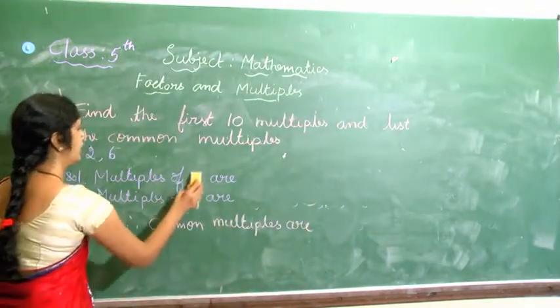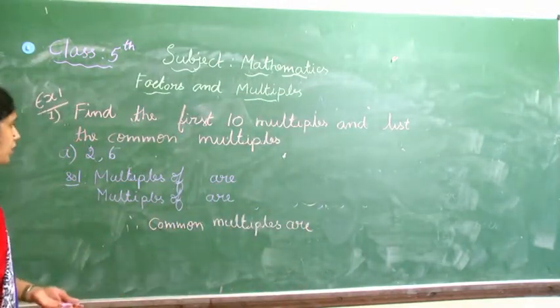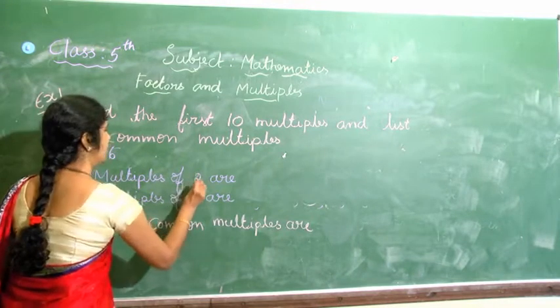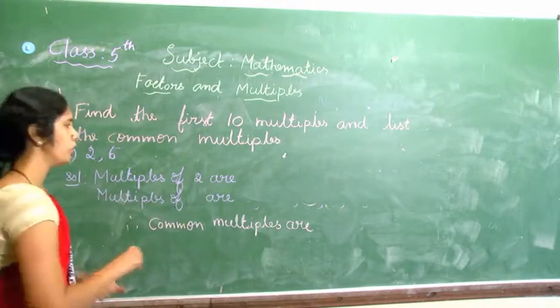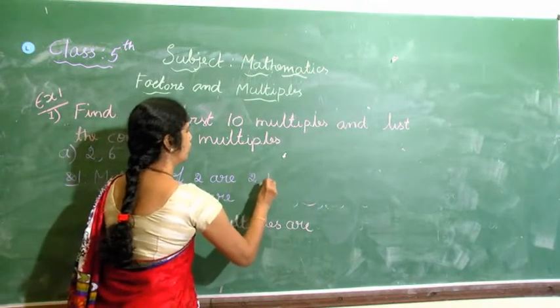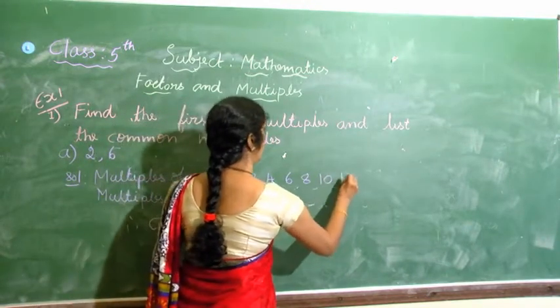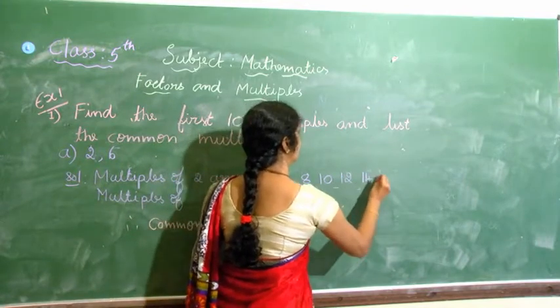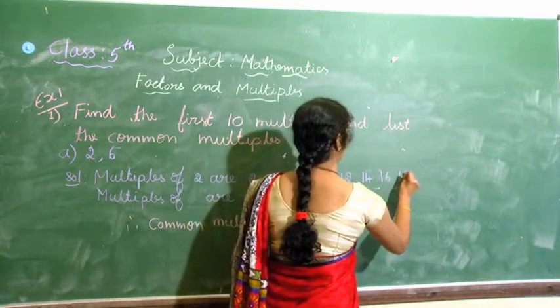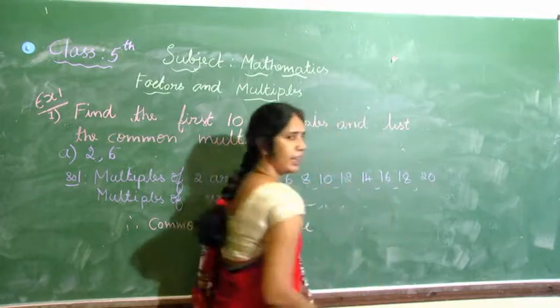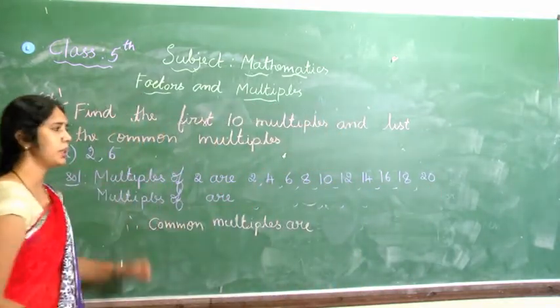First, we will write multiples of 2. What are the multiples of 2? 2, 4, 6, 8, 10, 12, 14, 16, 18, 20. Okay, 10 multiples. What are the multiples of 6?